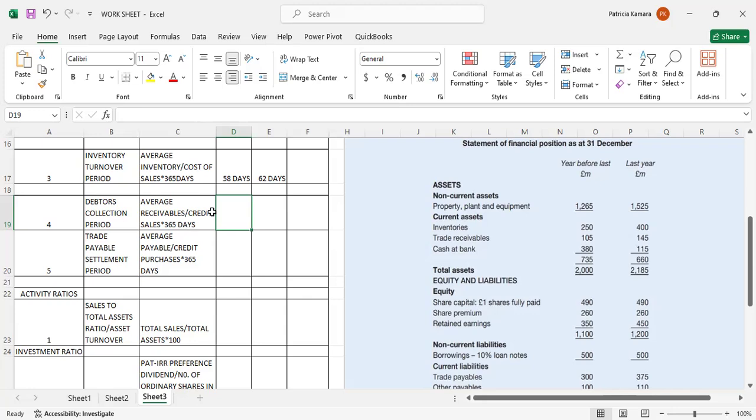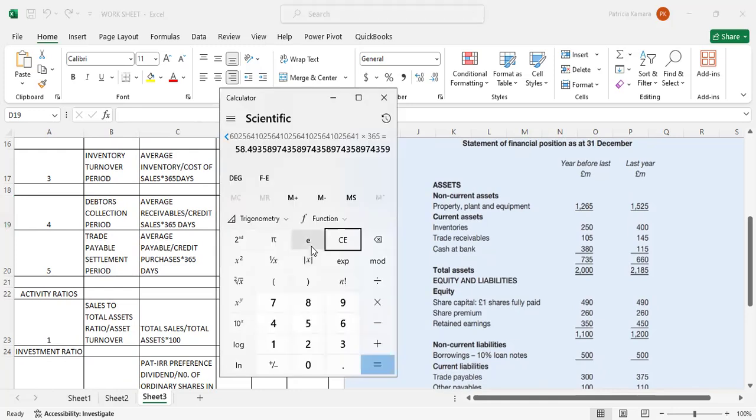In this question, we do not have that, so we'll go straight to our statement of financial position. That's where we can find trade receivables, which is the same as debtors. For 2022, the trade receivable is 105, over our credit sales.